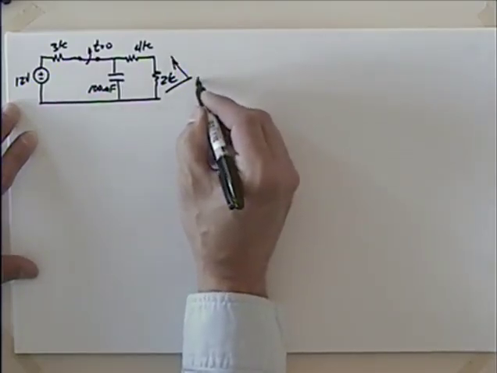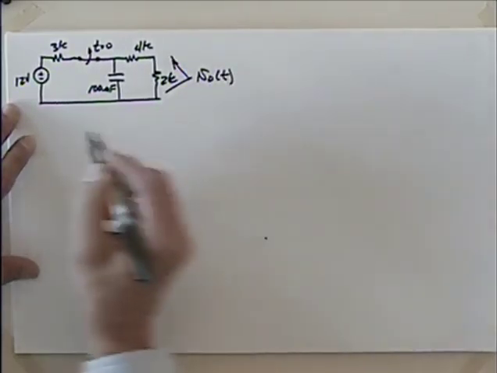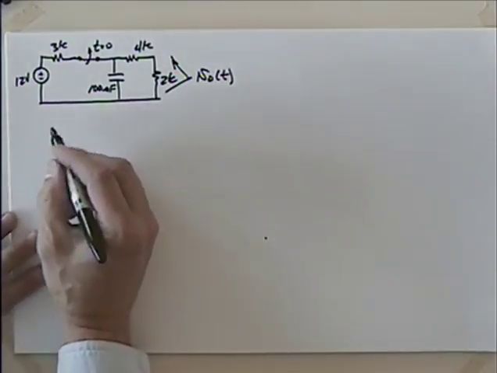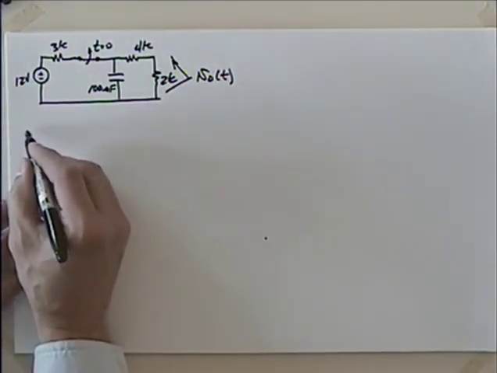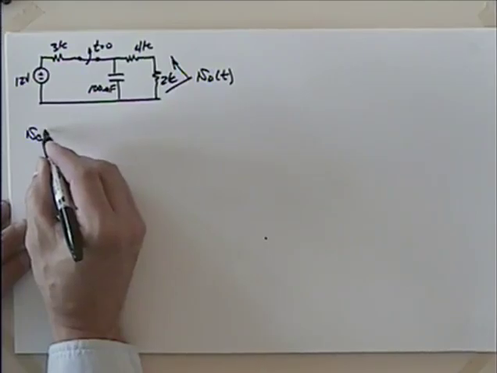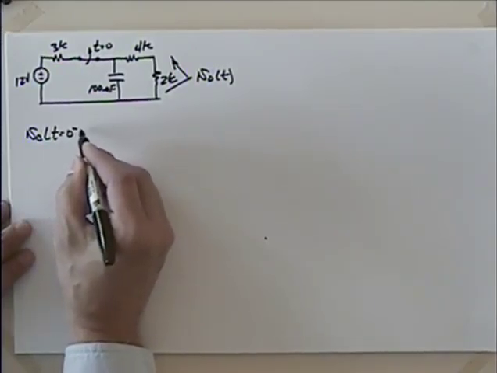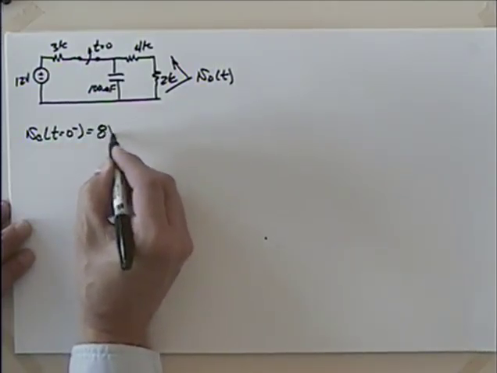So again, we're looking for this. The one thing you have to do is say that the voltage across that capacitor at t equals 0 minus is equal to 8 volts.